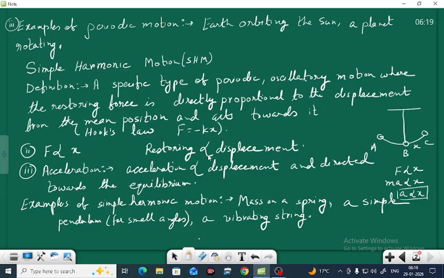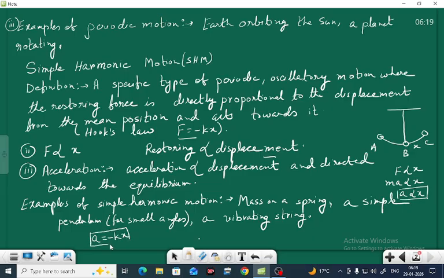So this is ruled by Hooke's law. Simple harmonic motion means the restoring force is directly proportional to displacement, or acceleration is directly proportional to displacement and directed towards the equilibrium. So the relation is a equal to minus kx. This is also the relation of simple harmonic motion.